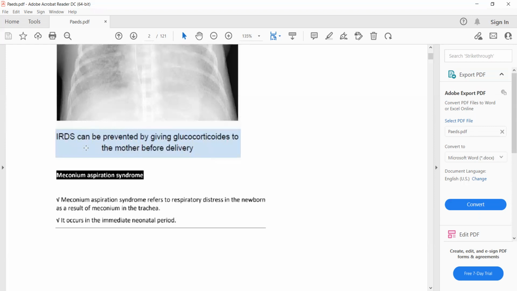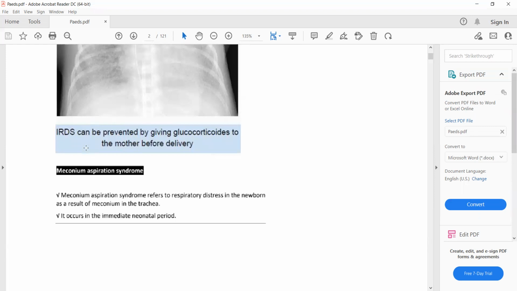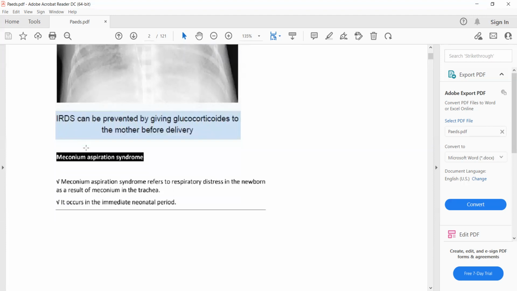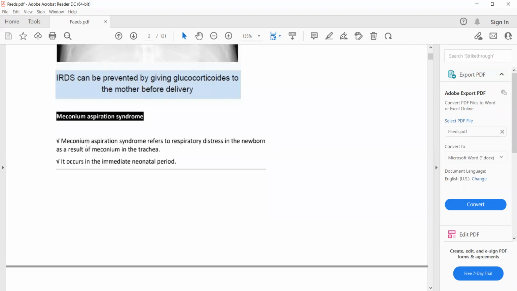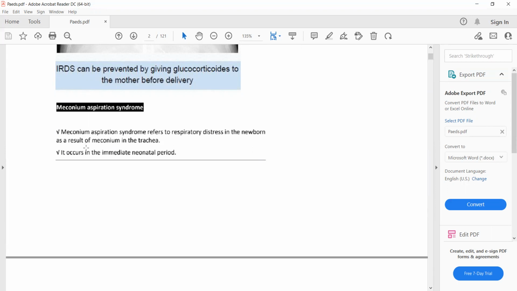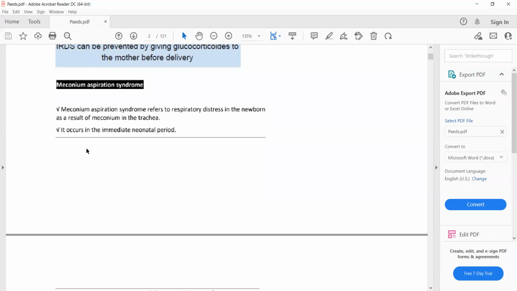Now, the second condition which can cause respiratory distress in a newborn infant is meconium aspiration syndrome. Meconium aspiration syndrome refers to respiratory distress in the newborn as a result of meconium in the trachea. It occurs in the immediate neonatal period.